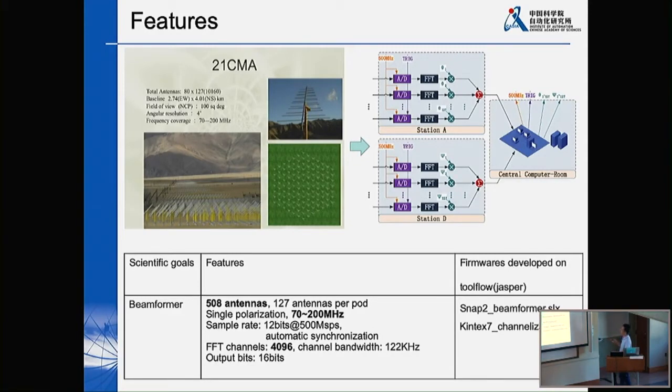And the central computer room also provides the reference clock and the trigger signal for each station by fibers. Its main features: 508 antennas, 127 antennas per pod, sample rate 12 bits at 5 GSPS, and the FFT channels is 40 points.